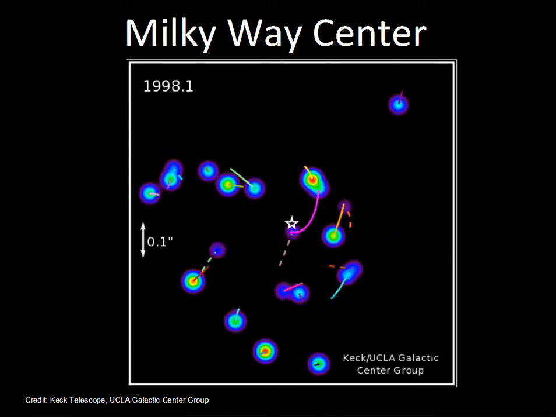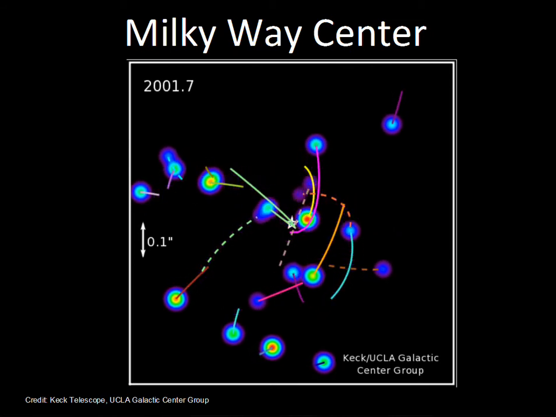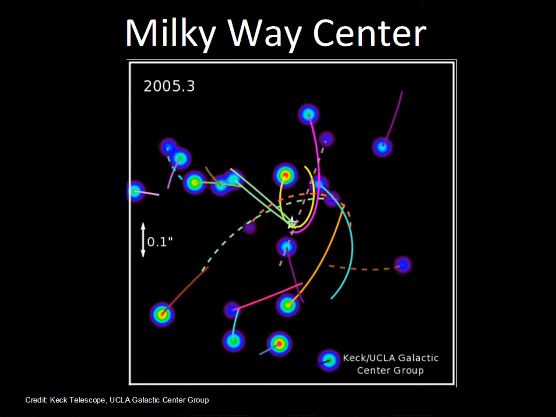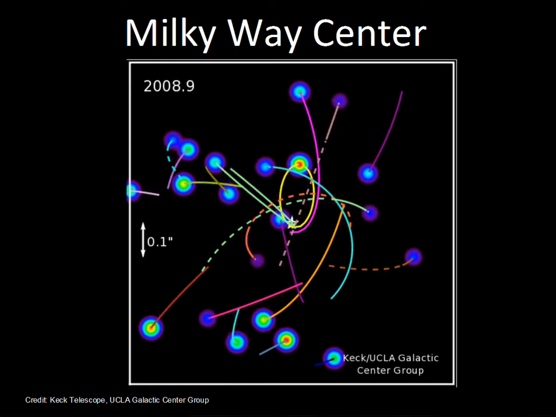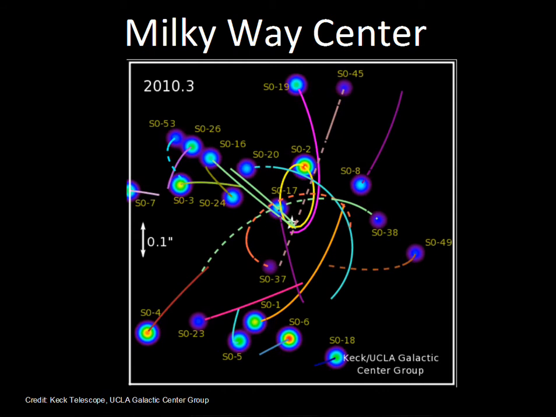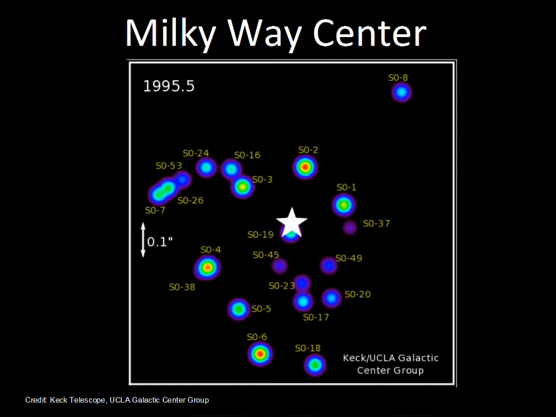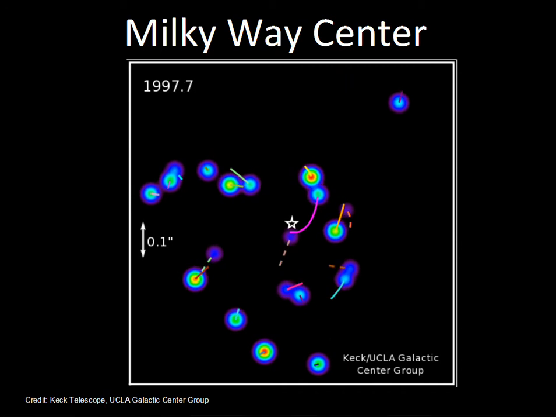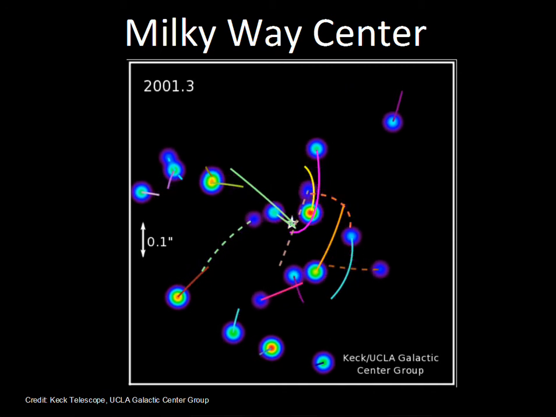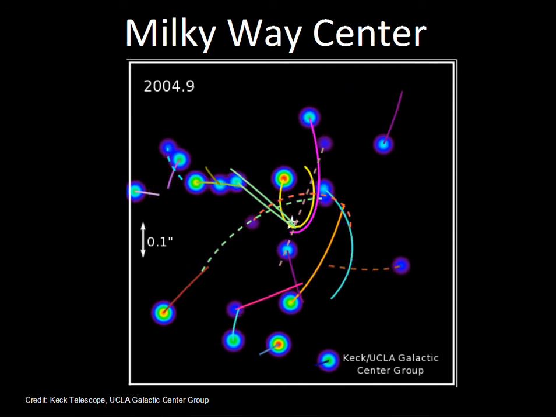The object can be no larger than 15 or 20 light minutes in size, and that's roughly the diameter of the Earth's orbit. So you're packing millions of masses of the sun into the diameter of the Earth's orbit. It's too massive to be a star. It's a black hole. That's our interpretation.